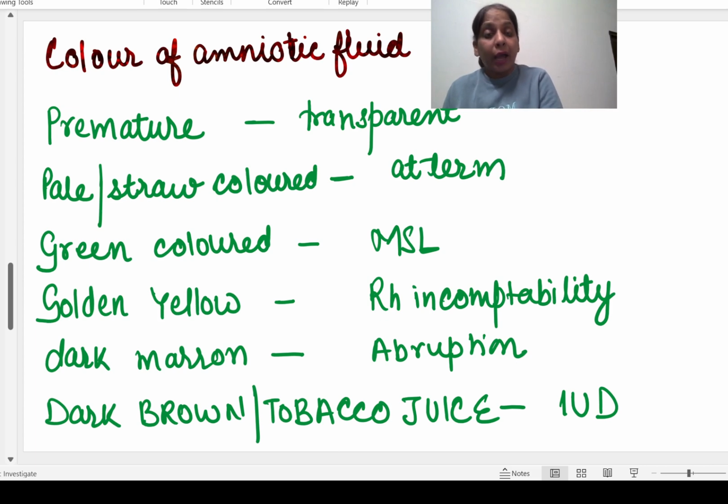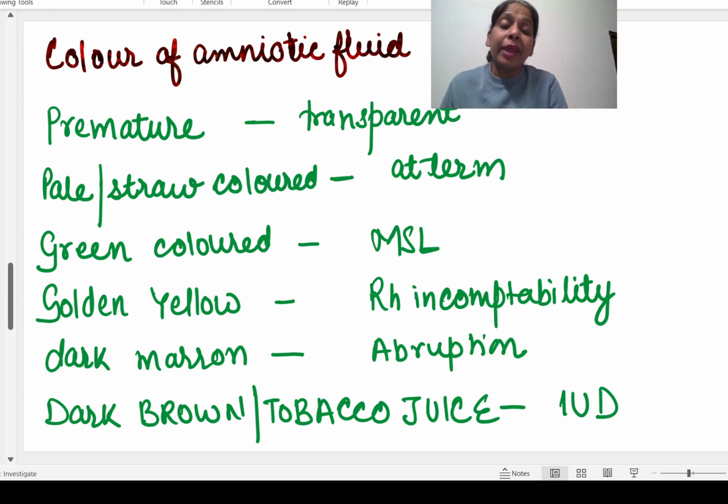In the case of IUD, the fetus is in a lot of distress. Many times that fetus has passed meconium. Such a fetal distress was there that the fetus expired, the fetus died, right?